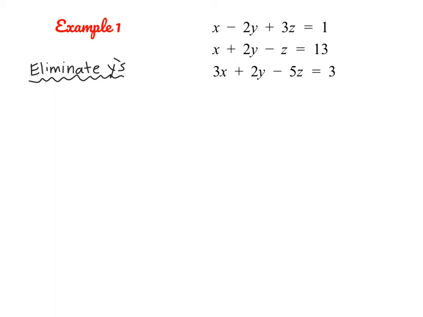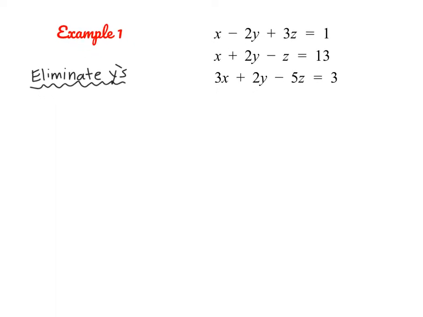So again, I really recommend that you try this numbering system I'm about to use. Here's equation 1, 2, and 3. And then in each step that we do, we're going to write which equations we're adding so we can keep track of our work. So I see that we can eliminate our y's first by adding equation 1 and equation 2.